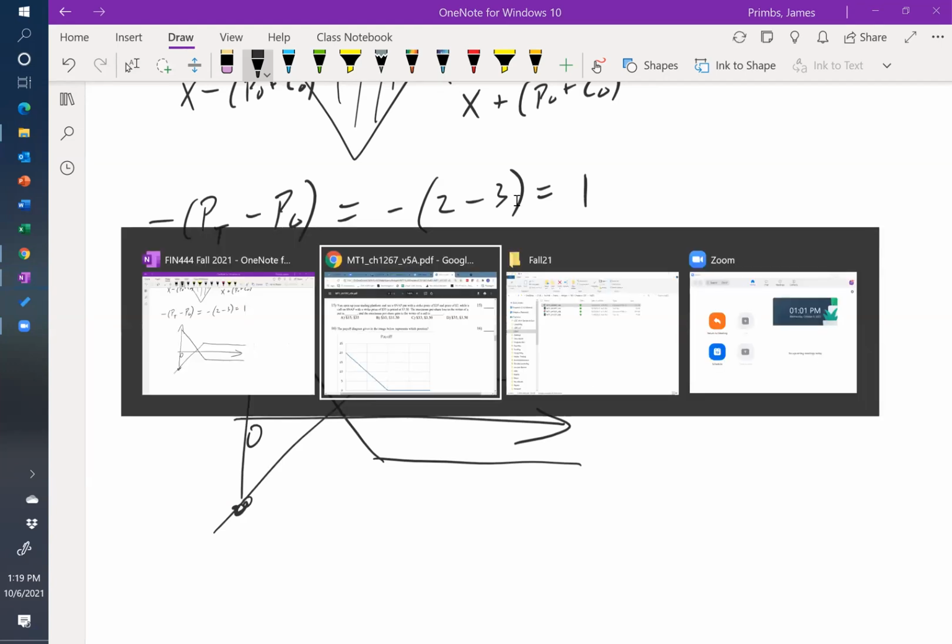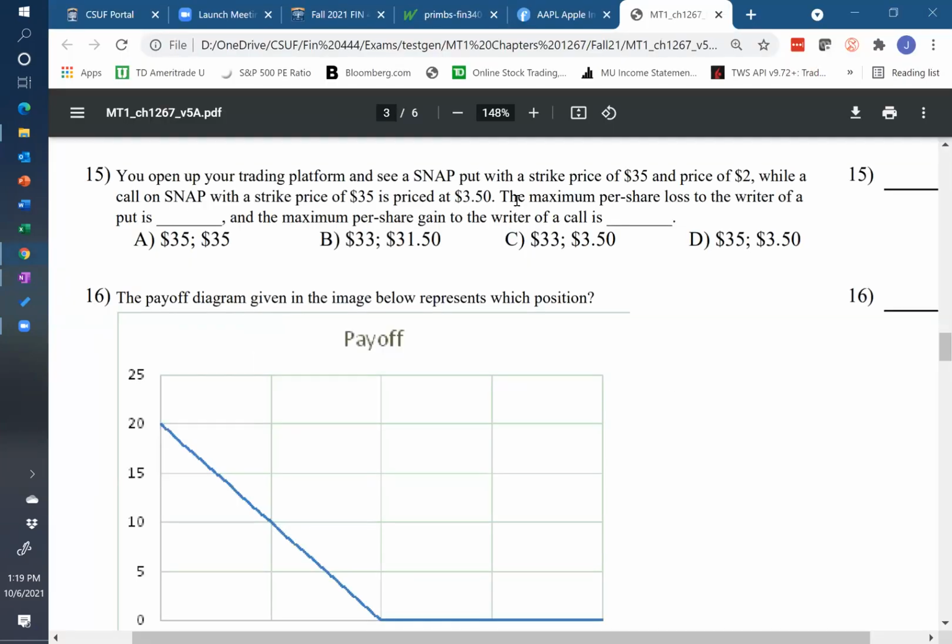And if it goes to 0, then what's going to happen? What's going to be your loss? The strike price is 35. So you're going to have to buy at 35 something that's worth 0, but you got $2 for selling it. So your net loss is going to be 33. So it's going to be C here.